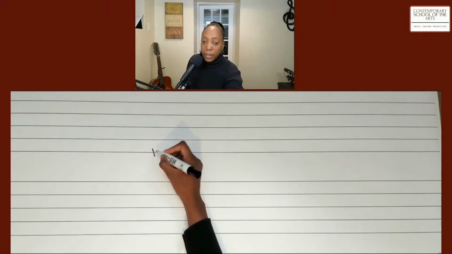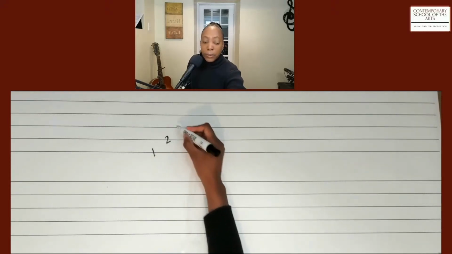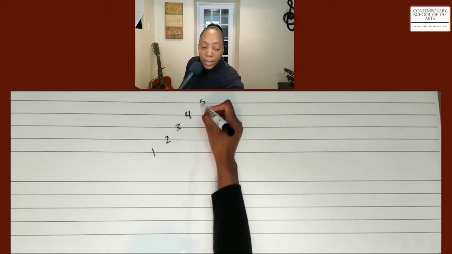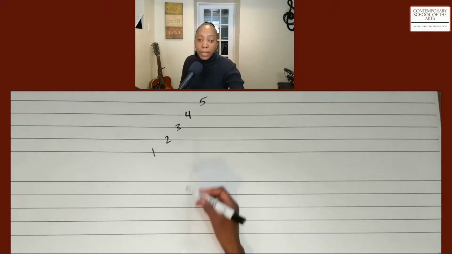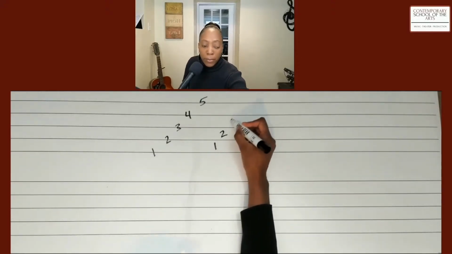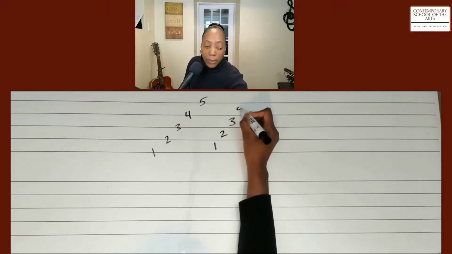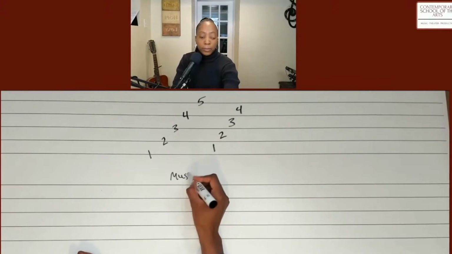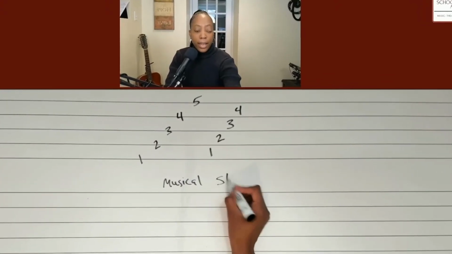So this is line 1, line 2, line 3, line 4, and line 5. Those are the 5 lines. And the spaces are here: space 1, space 2, space 3, and space 4. These 5 lines and 4 spaces are what we call the musical staff.